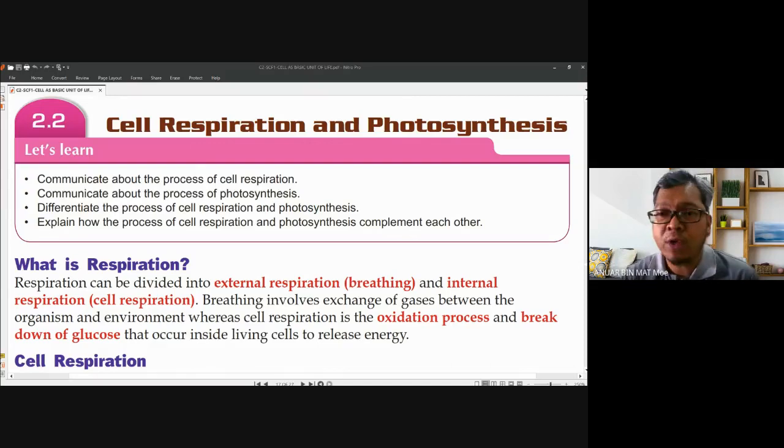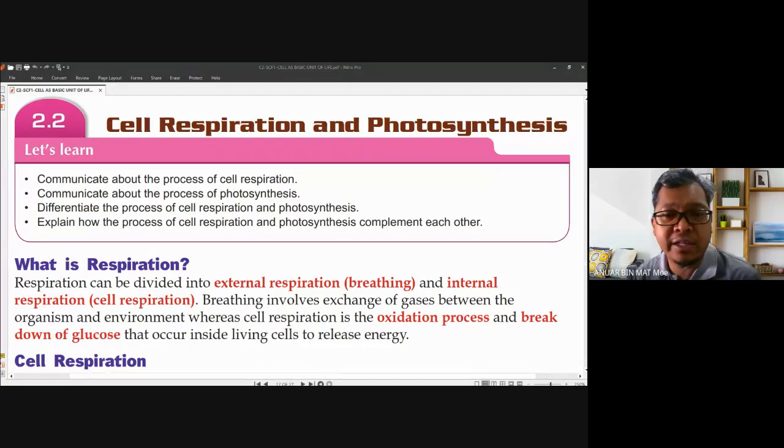Make sure you're able to find the difference between the cells, especially in the parts and function of the cell. There are parts in the plant cell that the animal cell does not have. If I remember, there are three parts in the plant cell that are not available in the animal cell.